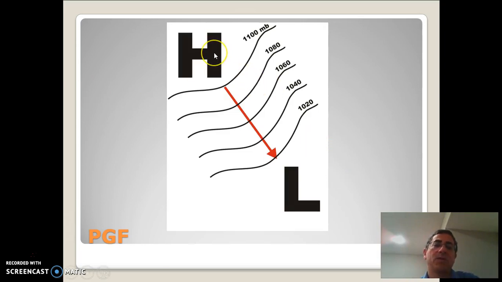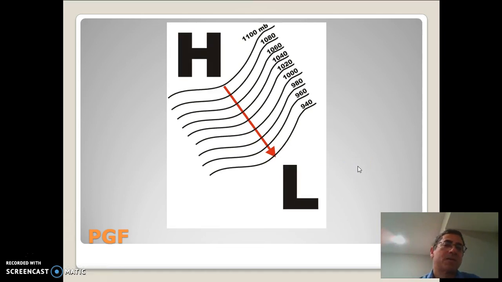Here we see again a picture of high pressure on one end, low pressure on the other end. The isobars go from 1100 millibars to 1020, so a difference of 80 millibars over a certain distance when moving this red arrow perpendicular to the isobars, straight across the isobars from high to low.